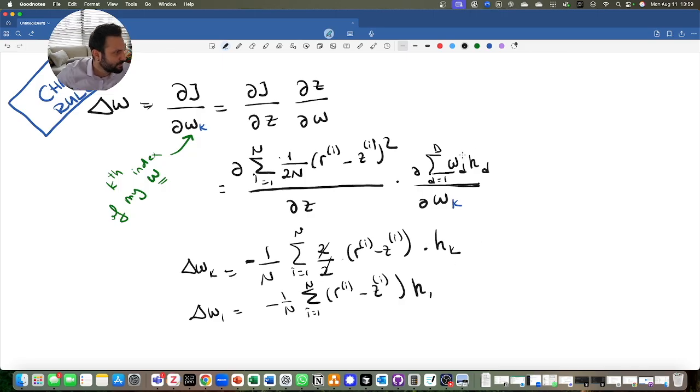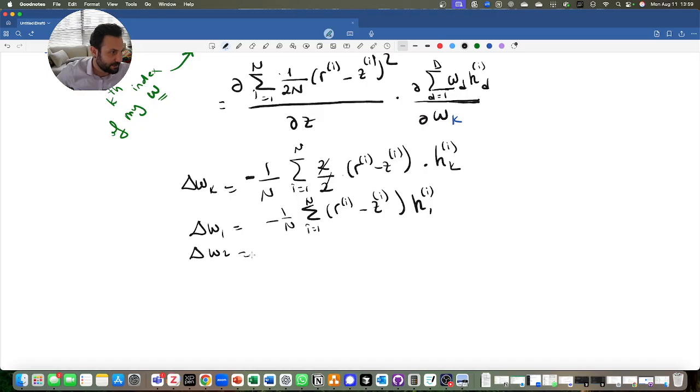And of course we are talking about, since we are summing through all of the samples in my data set, my h of 1. And my step towards w_2 is the same thing, 1 over N, summation i equals 1 to capital N, r of i minus z of i, the error that comes from upstairs, and h_2 of i. So I can go yada, yada, yada.